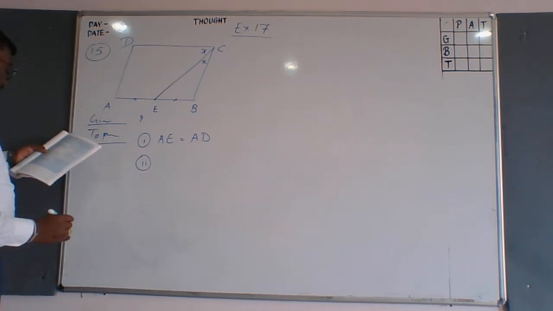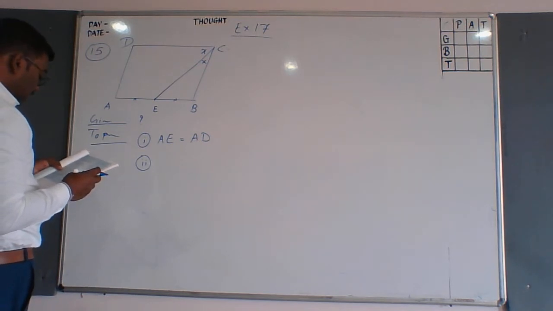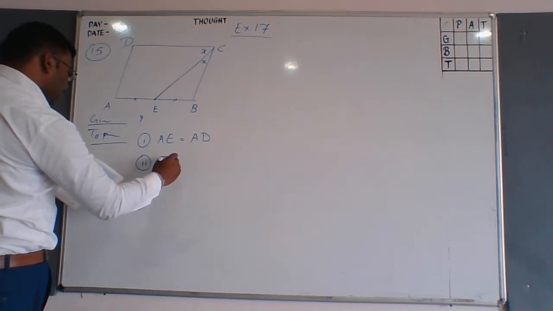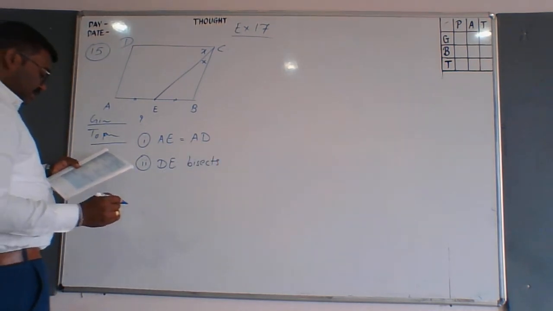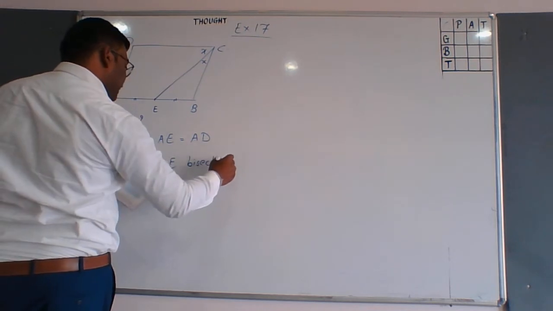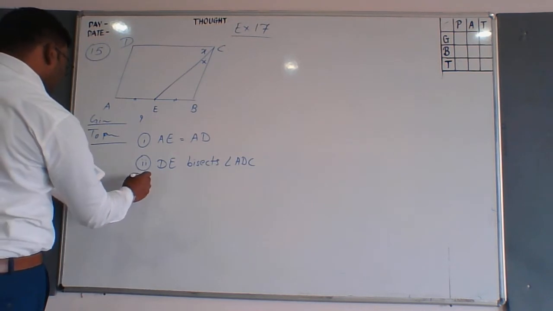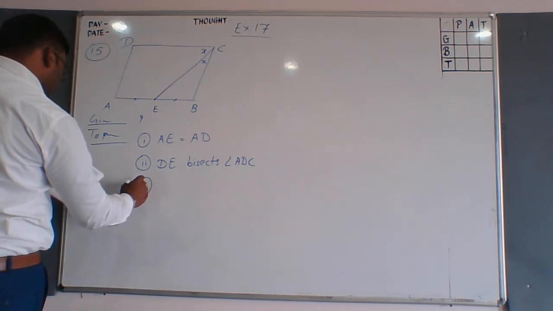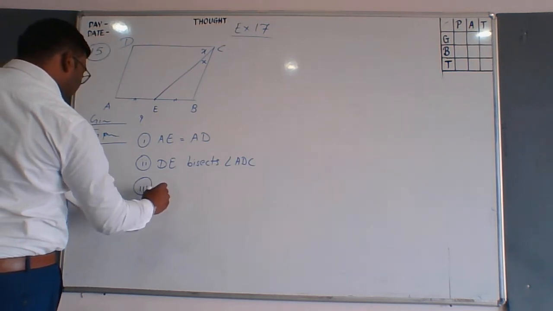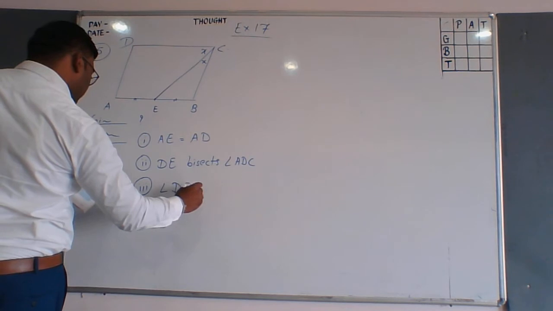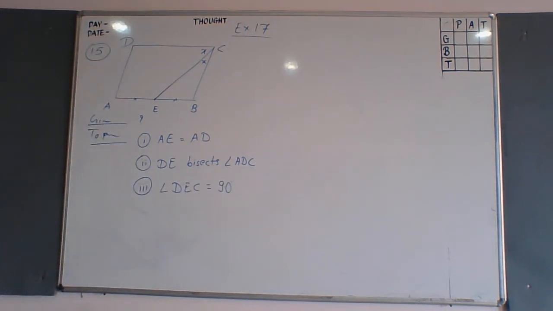Second, we want to prove that DE bisects angle ABC. And third, that angle DEC is a right angle, means it is of 90 degrees. Okay.